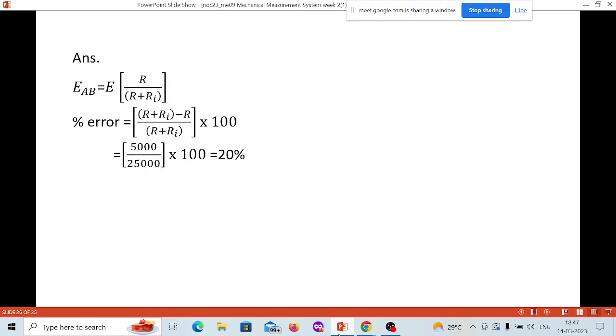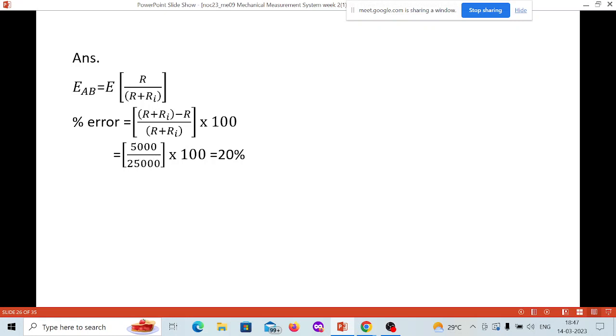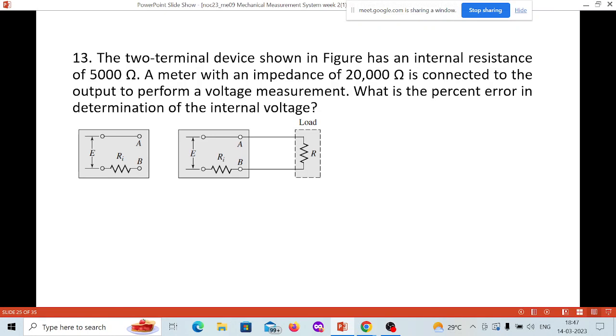So if you find the relation between the voltage across AB and the E which is being measured, the voltage across the terminals EAB will be E into R by R plus Ri. If you see, this internal resistance and the load are in series, and the current across the circuit for voltage measurement is EAB by R. So this will be equal to the current across the whole circuit.